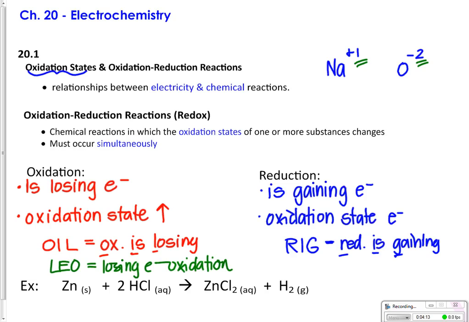Leo, L-E-O, losing electrons, oxidation. And then Leo, the lion, says Ger, G-E-R. And that stands for gaining electrons is reduction.